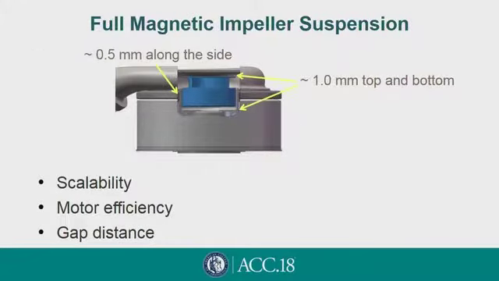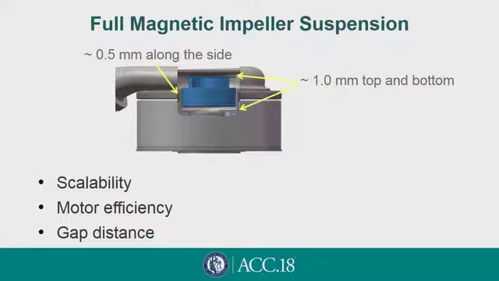Now here's an example of a totally magnetically levitated system, and this system is currently available in the HeartMate 3 device. What is unique about this system is that with magnetic levitation, you can have large gaps between the impeller and pump housing. In this case, gaps between the impeller and housing are 1 millimeter on top and bottom, and 500 microns along the edges.